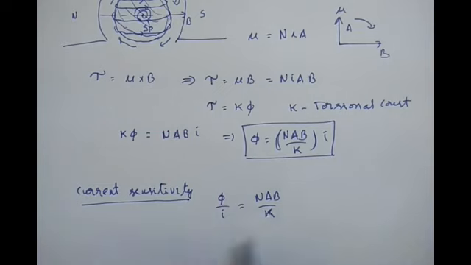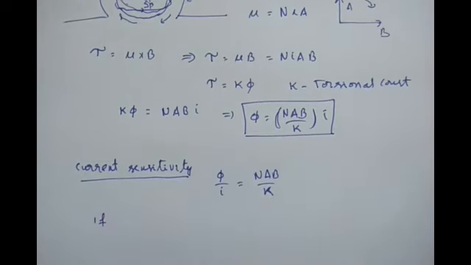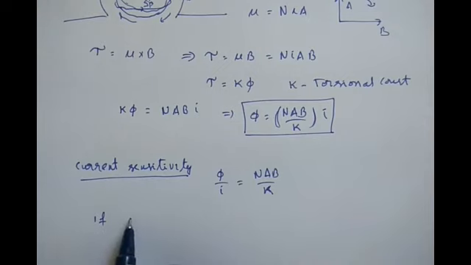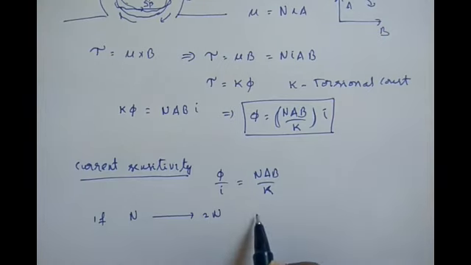So let us see, if I double the number of turns, increasing from N to 2N, what happens to the current sensitivity? For the first case, let us write the current sensitivity as S_I.